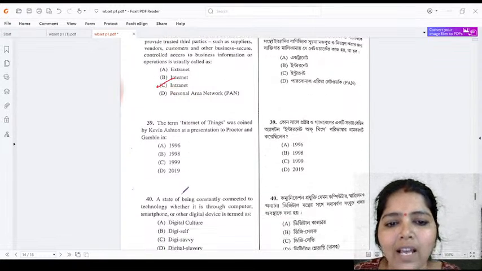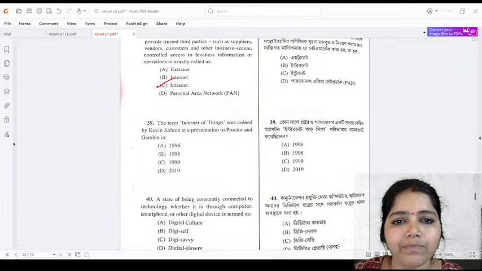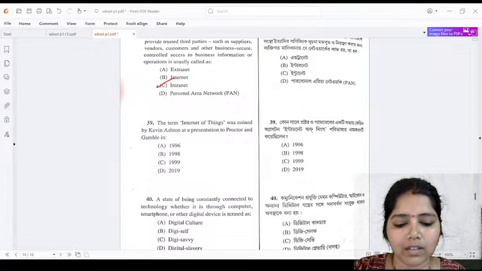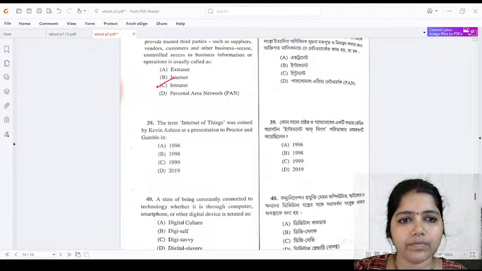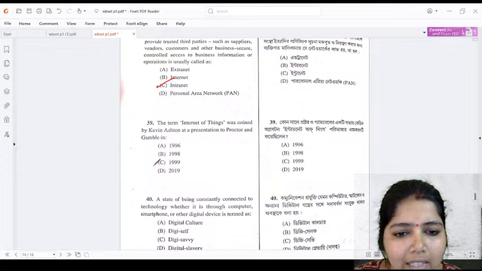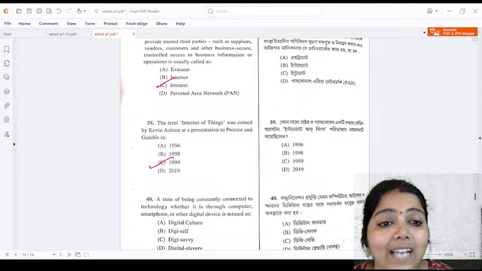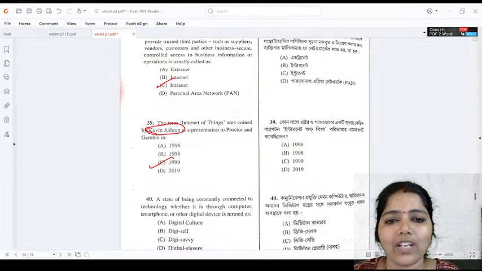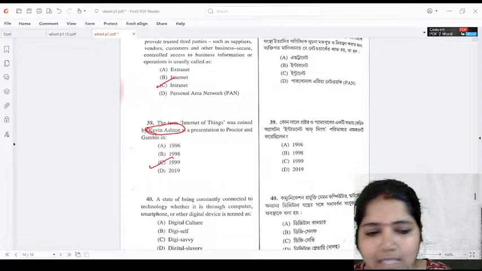It is intranet. And the Internet of Things, a very interesting question, was coined in the year 1999 by Kevin Ashton, right? Yes.